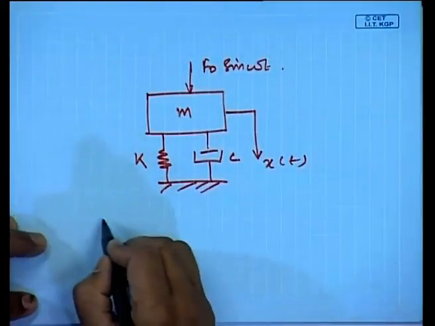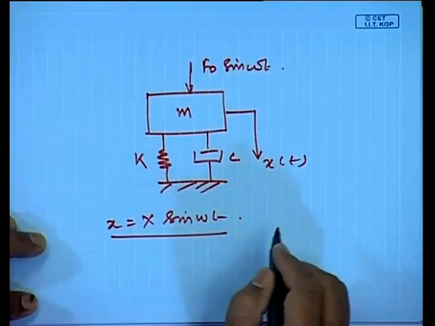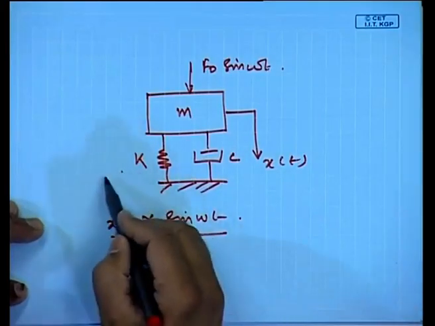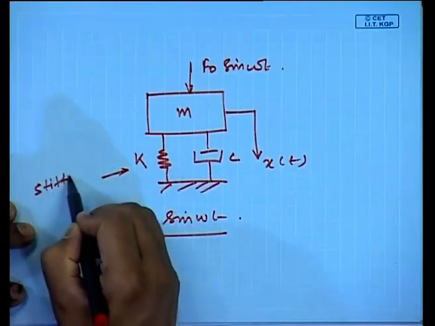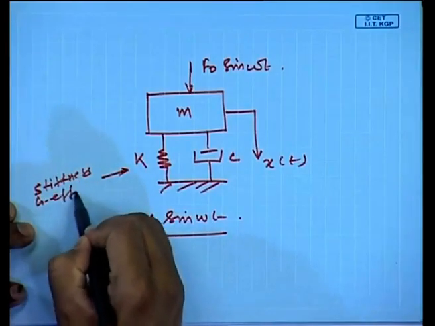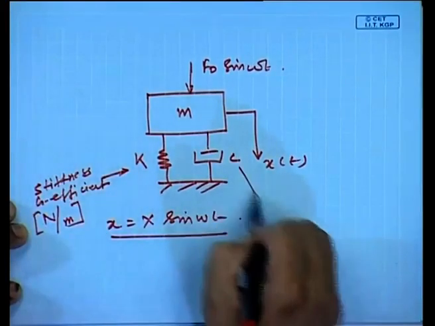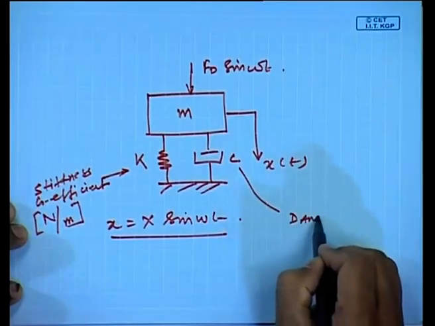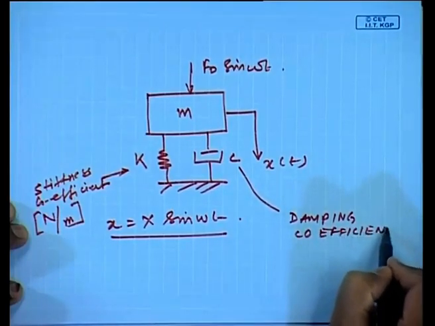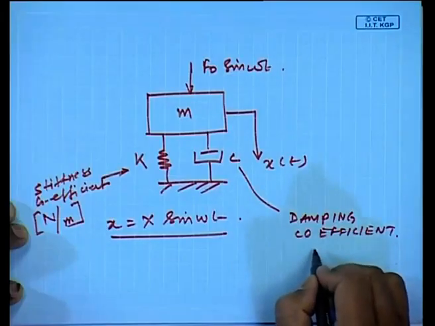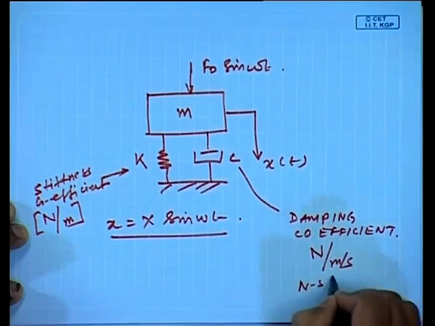Now, to the equation of motion, I have told that x sin omega t is a solution, and this K is known as the stiffness coefficient, and its unit is usually Newton per meter, and this is the damping coefficient C, and its unit is Newton meters per second or Newton seconds per meter.